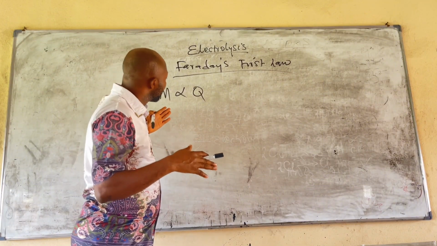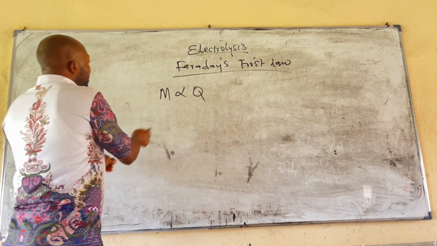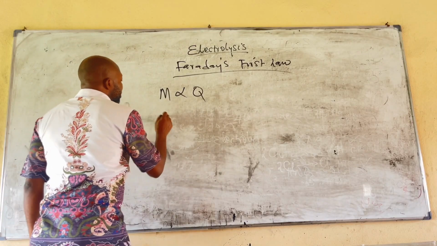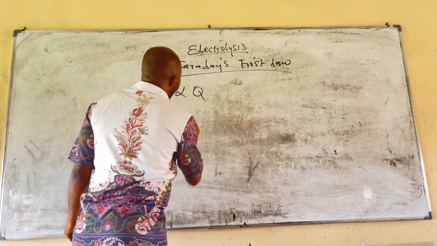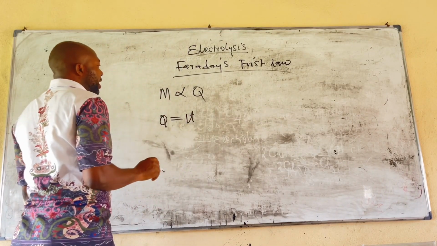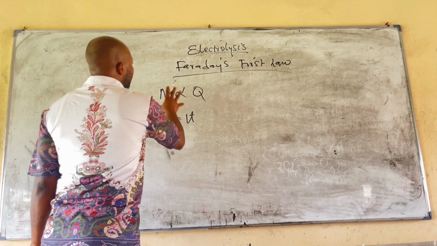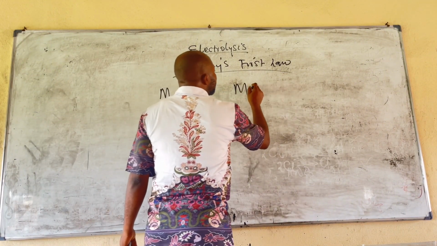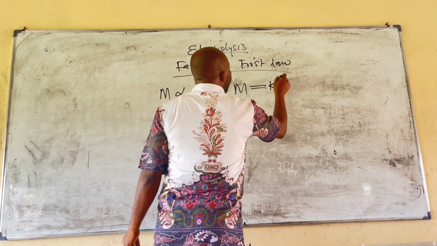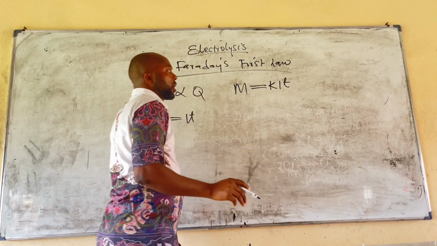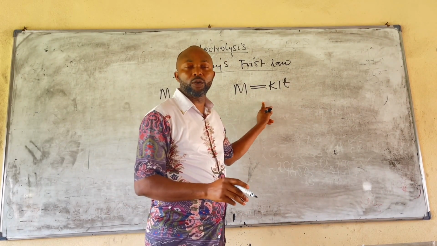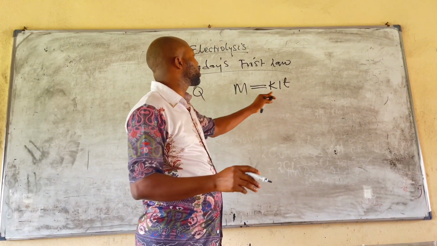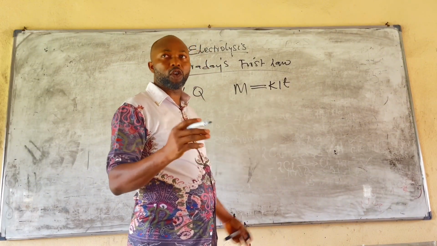Now, the quantity in its own sense is Q equals IT, current times time. But from here, if I can move further, I'll say mass is proportional to IT, so M equals KIT, where K is the mathematical constant.